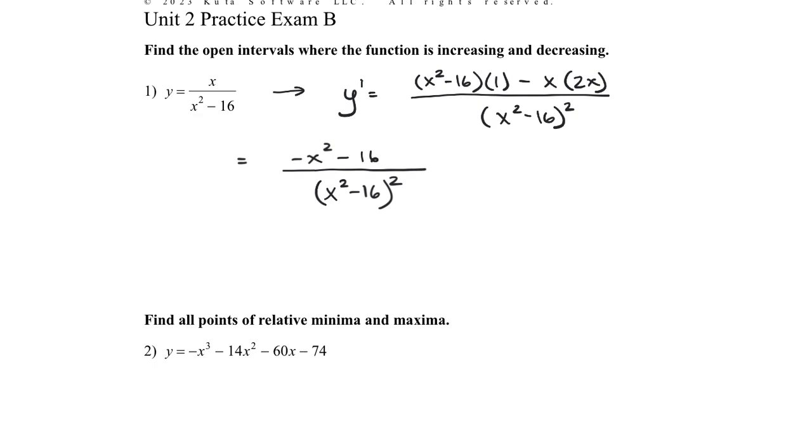But if we take that expression in the numerator and set it equal to 0, it's going to have no solution. It's going to end up being x squared equals negative 16, and that has no real solution. So the critical numbers are going to come from the values that make the denominator equal to 0, which is positive 4 and negative 4.